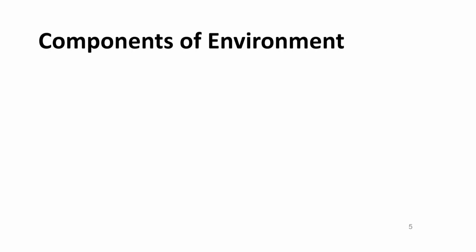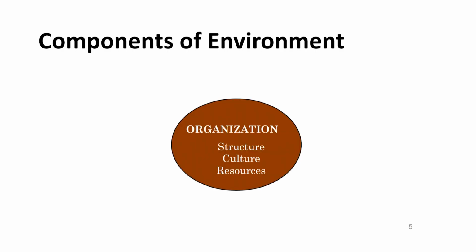So, before starting with environmental analysis, it is important for us to understand what the components of environment are. Our environment is divided broadly into 2 categories: internal environment and external environment. Internal environment includes those factors which are within the organization and which directly influence the organization's decisions.